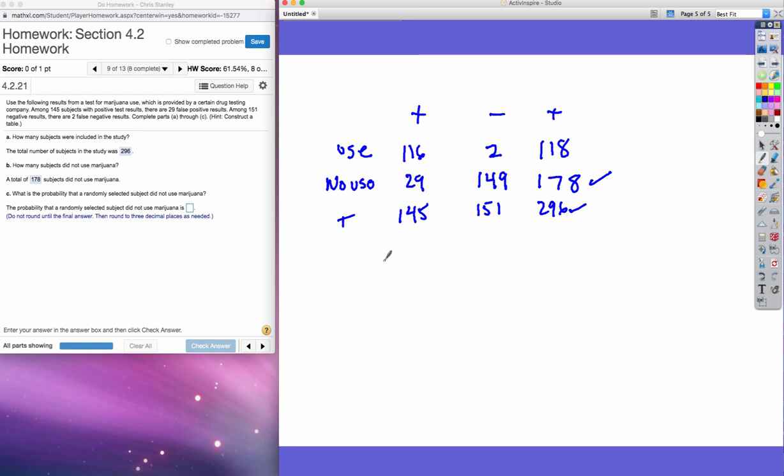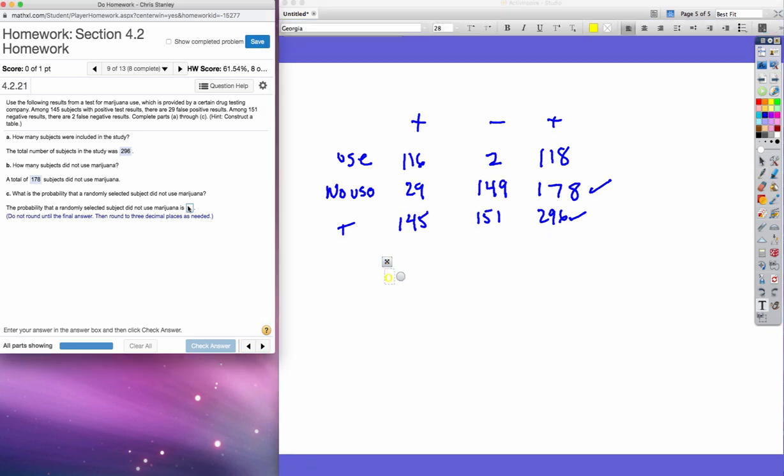So I got my calculator. I'm doing 178 divided by 296. See what I need to round to? 0.601. You just take how many people didn't use over the total.